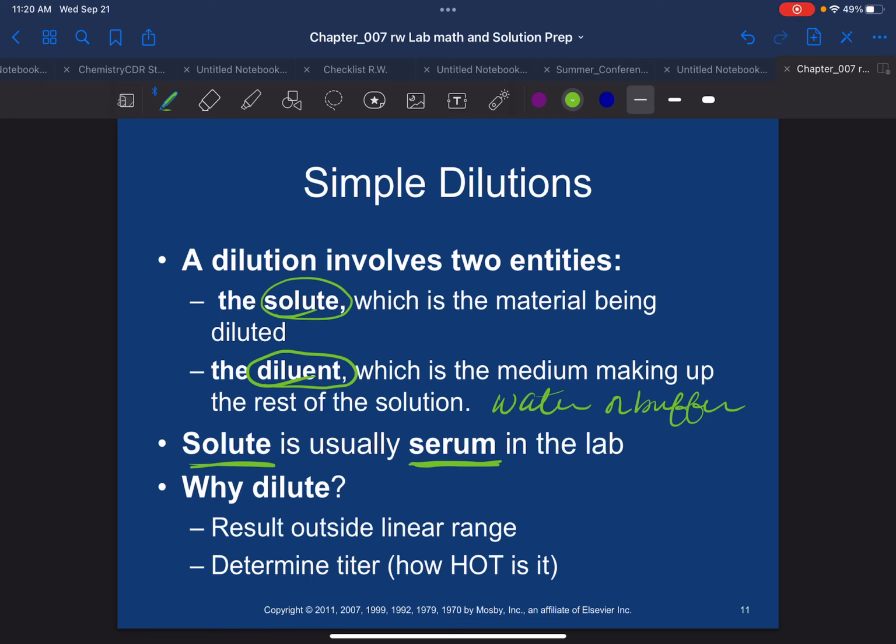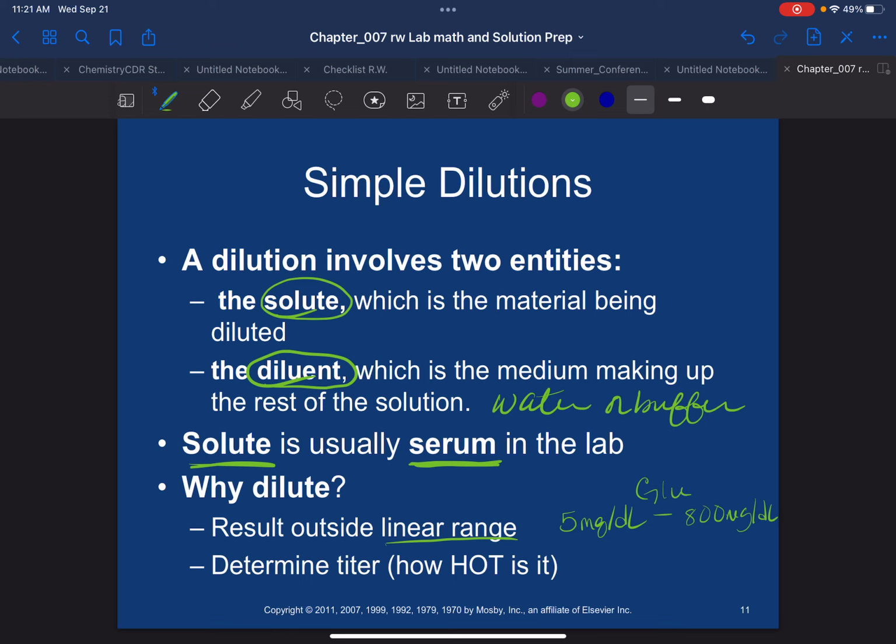Sometimes our results can be so high that they're outside the linear range of the instrument. Let's use glucose again. Let's say our chemistry analyzer can only measure glucose as low as 5 milligrams per deciliter, but can only read as high as 800 milligrams per deciliter.